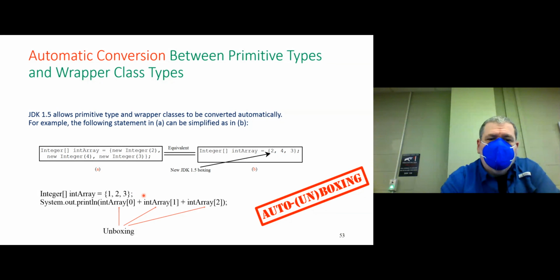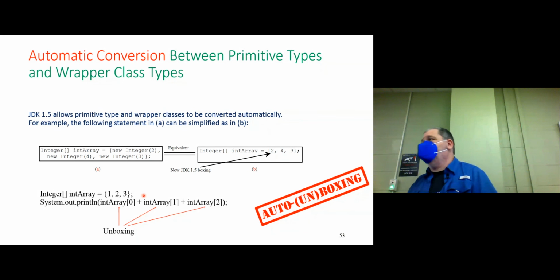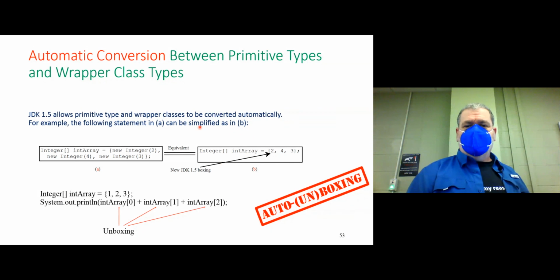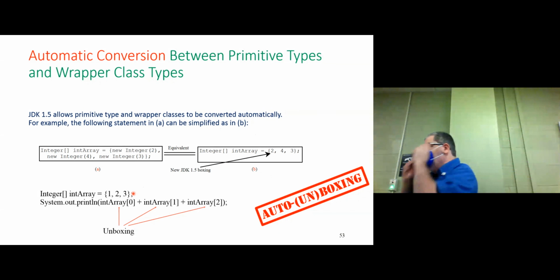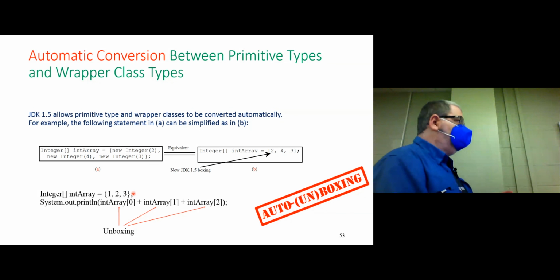And then, still to make things easy for us, we have auto-unboxing. So let's look at this example here at the bottom. I have an integer array that I create, using this syntax. So there is some auto-boxing going on here. Okay, all my primitive data type values are going to be put in wrapper objects.